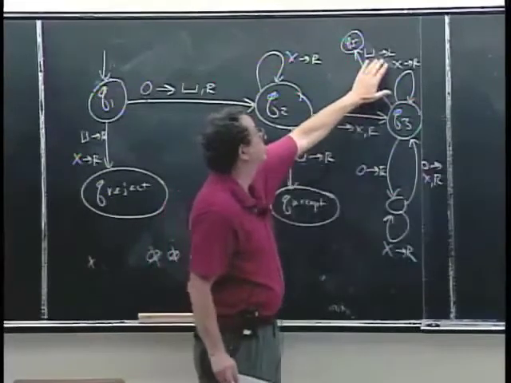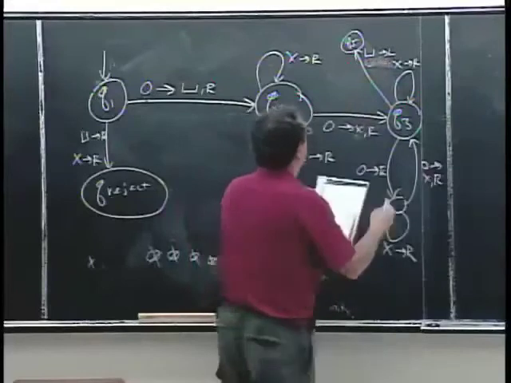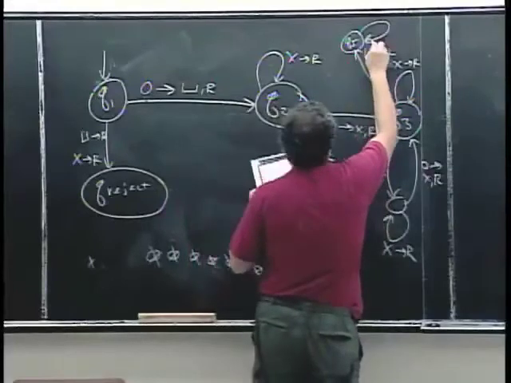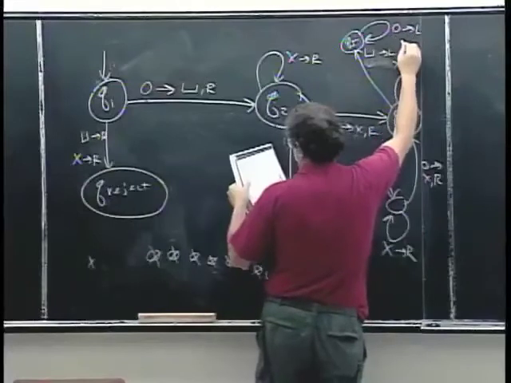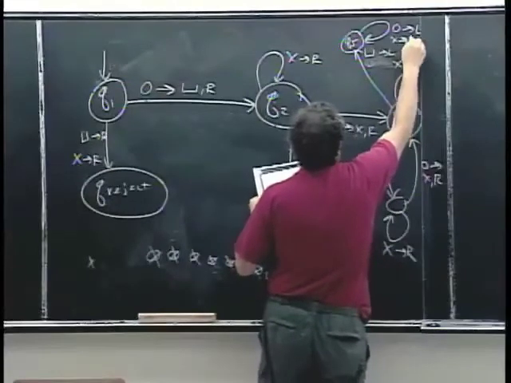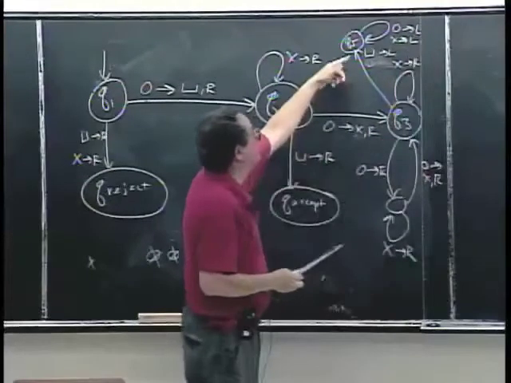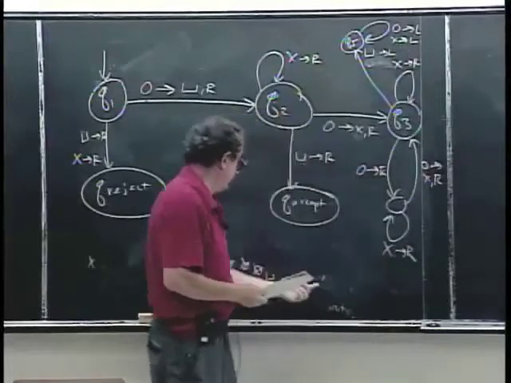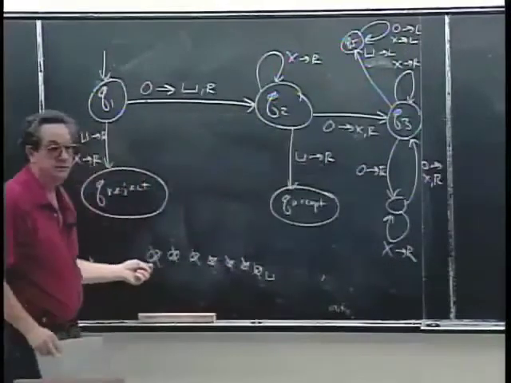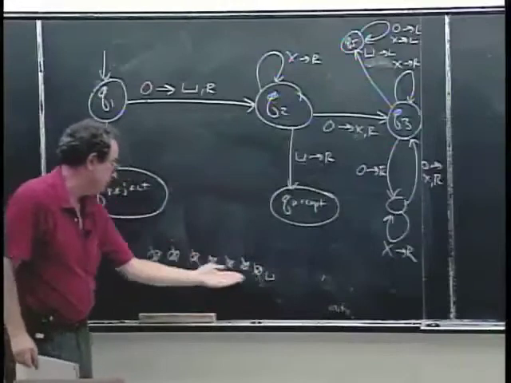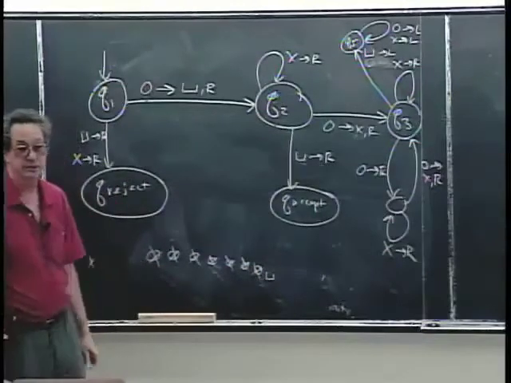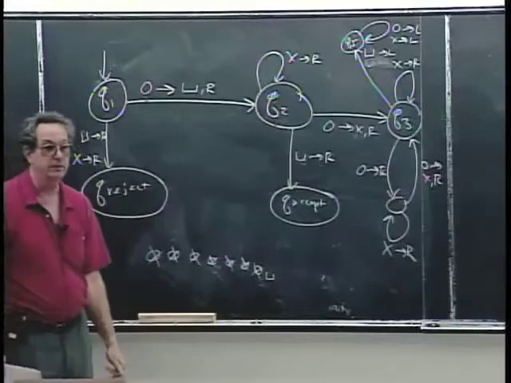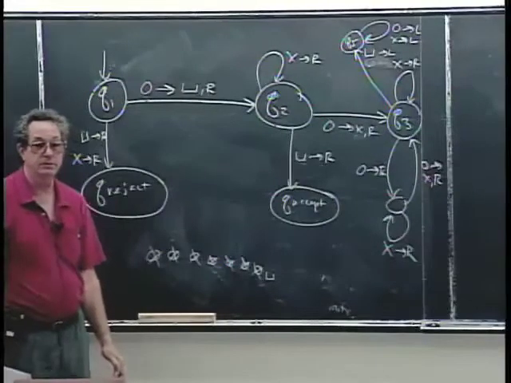So here's your first move to the left, and then we'll have here 0, you go left, X, you go left. So this is just the part of the control that's going back. It was at the right end, it's zipping all the way back to the left end. How does it know when it gets to the left end?